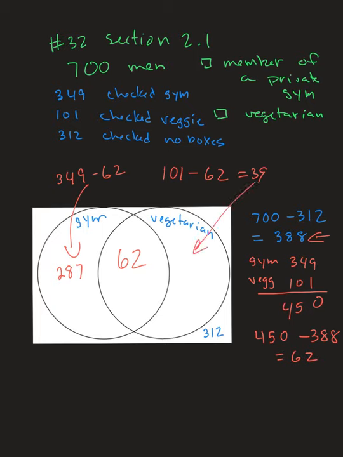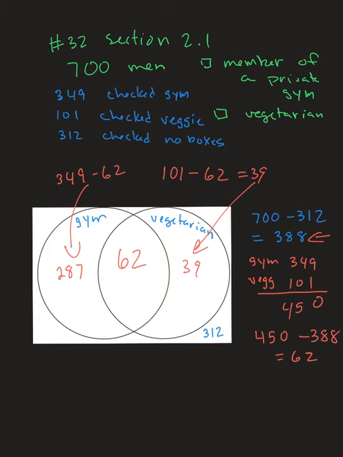So that's the number that goes here, 39. All right, so there's 287 people that have a gym membership, but they're not vegetarians. There's 62 people that are vegetarian and have a gym membership. 39 are vegetarians only, right? No gym membership. And then there's 312 people that don't have either.